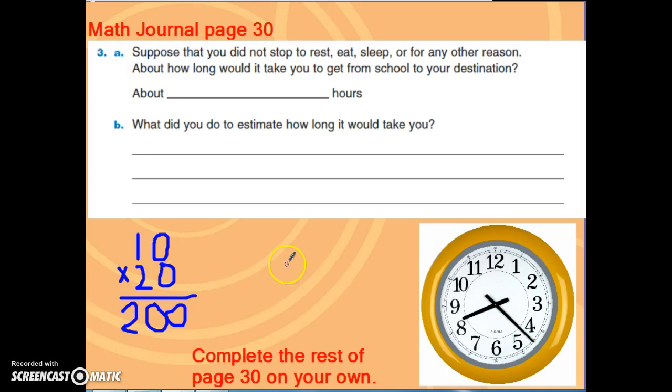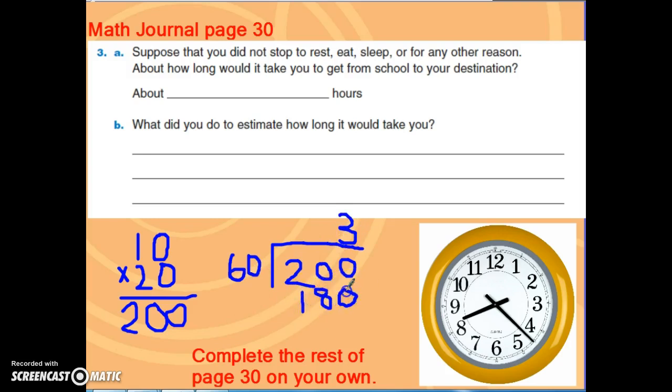Well, there's 60 minutes in an hour. So if I take my 200 minutes and I divide it by 60, because there's 60 minutes in an hour, we should be able to find out how many hours it would take. So I know that 60 goes into 200 3 times. 3 times 60 is 180.